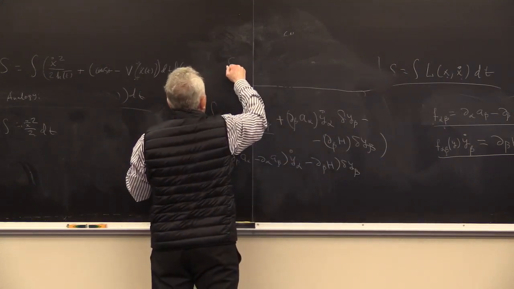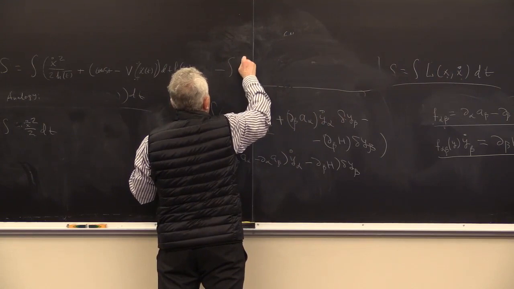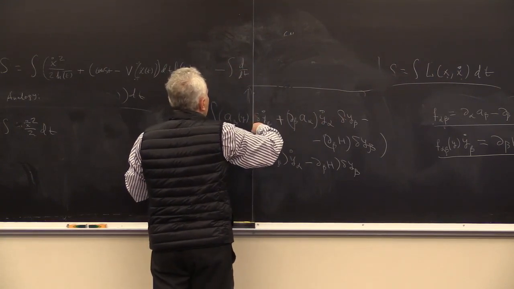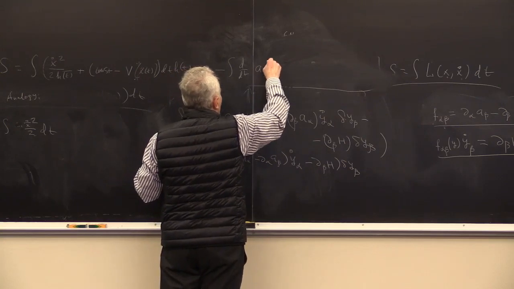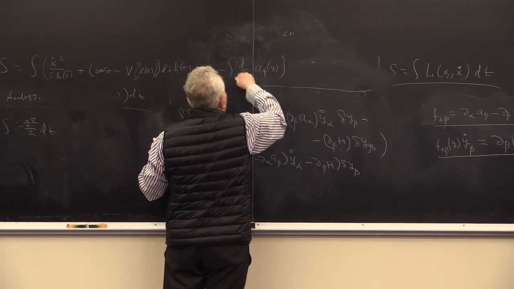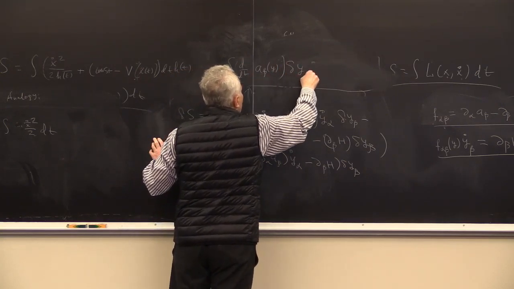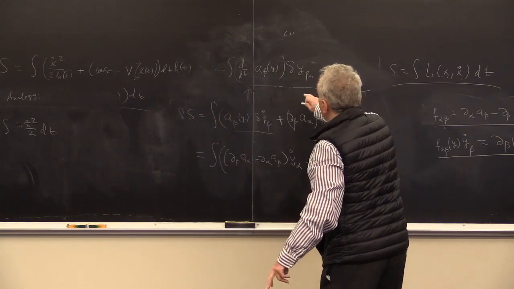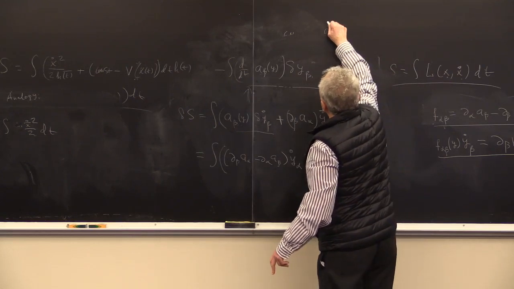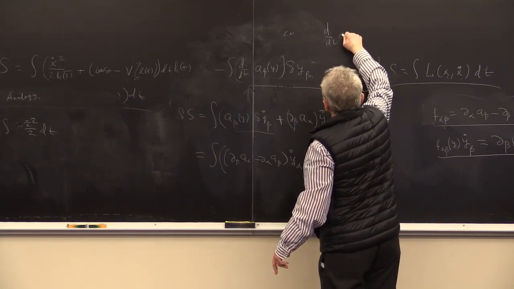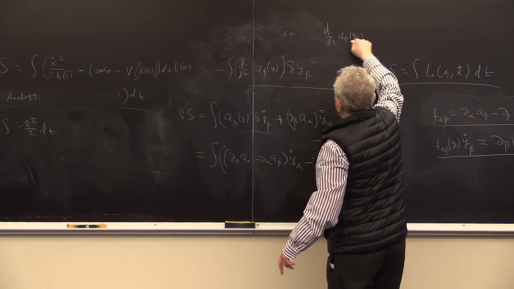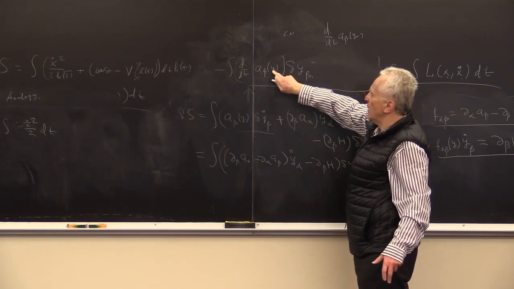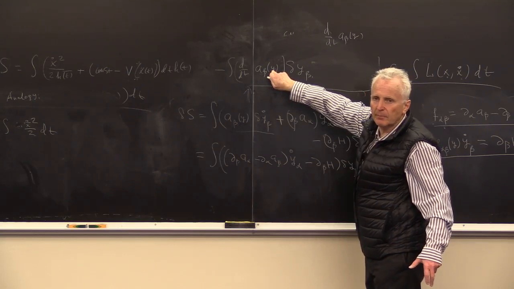Then we have minus d dt a beta of y, delta y beta. Now I use the formula which I erased, that a beta of y depends on time only because y depends on time.